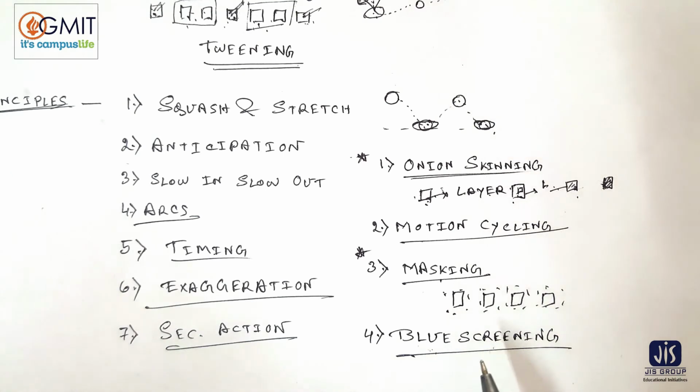Suppose I require to show this in London, in Paris, in Switzerland, in front of Qutub Minar, we can change the background with our required background. Clear?